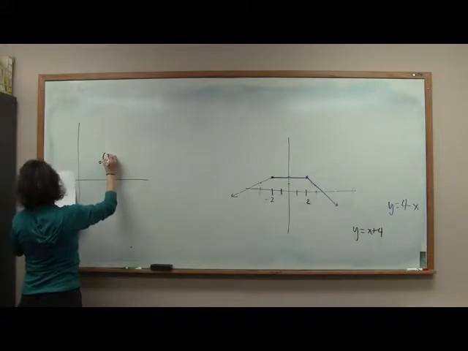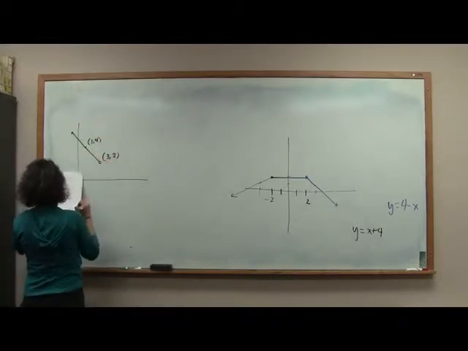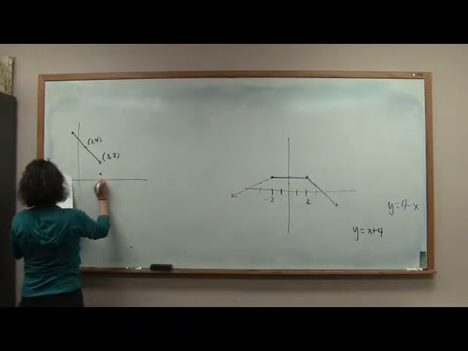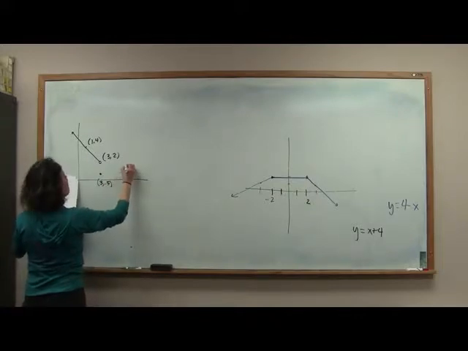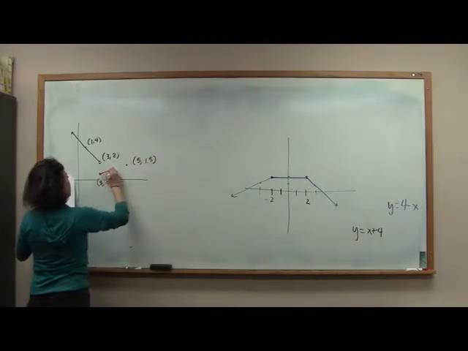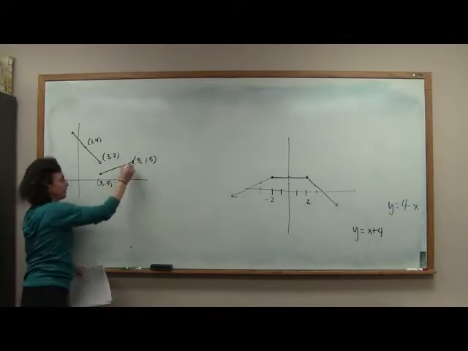This is the ordered pair 3, 2, and then we're at 1, 4. And then here we'll have a closed circle. And suppose we're at 3, 0.5. Well, that's not very pretty. And then 5, 1.5. And this is an arrow.